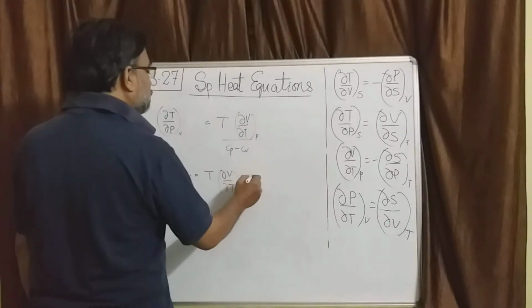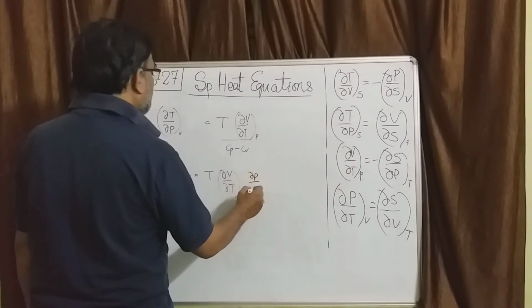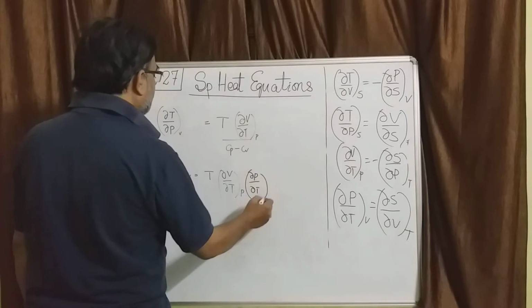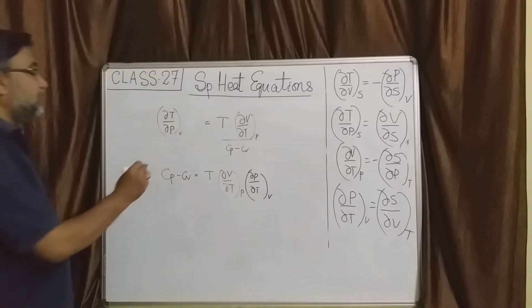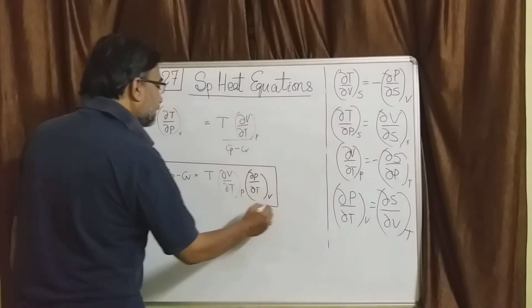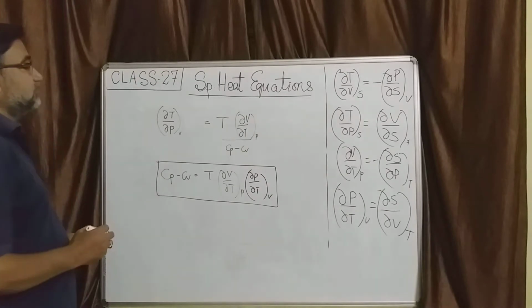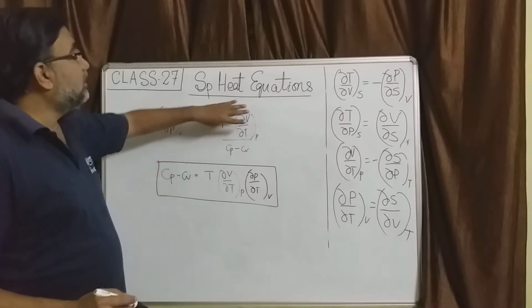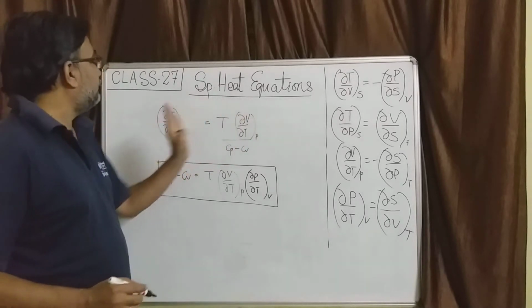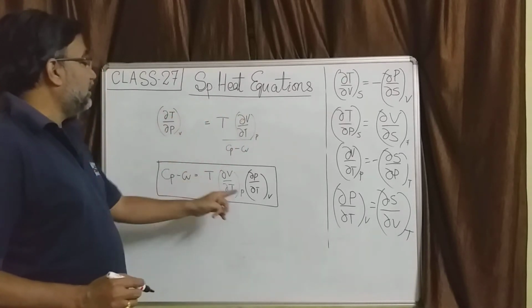So this will be del P del T at V. So Cp minus Cv is this much. Now we will further simplify it. So from this we got this. So Cp minus Cv is equal to this here, then this came to this side. So this becomes del P del T at V.